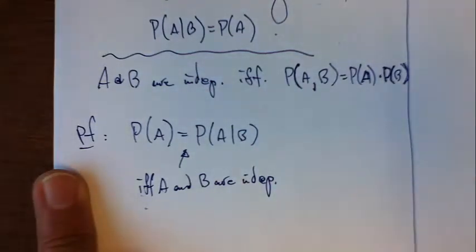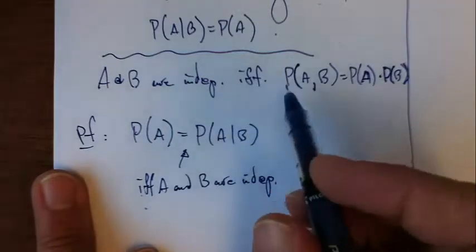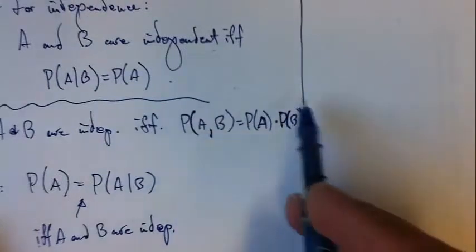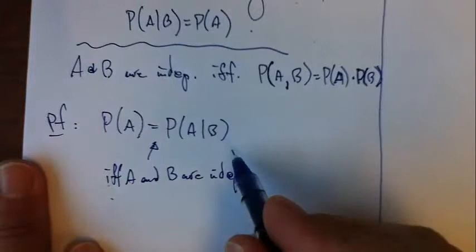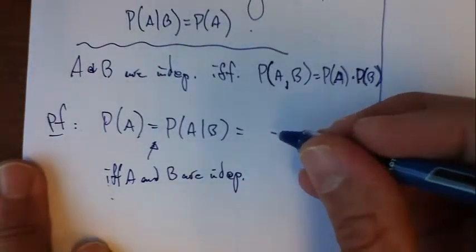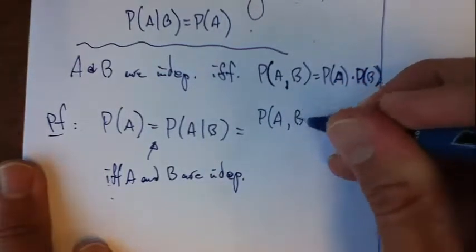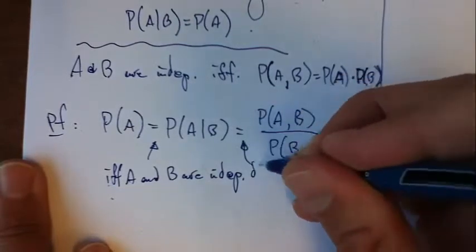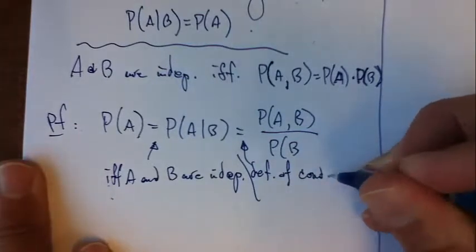We're assuming that A and B are independent, and we're trying to prove that this is true. And then, by the definition of conditional probability, we can write this as the probability of A and B divided by the probability of B.